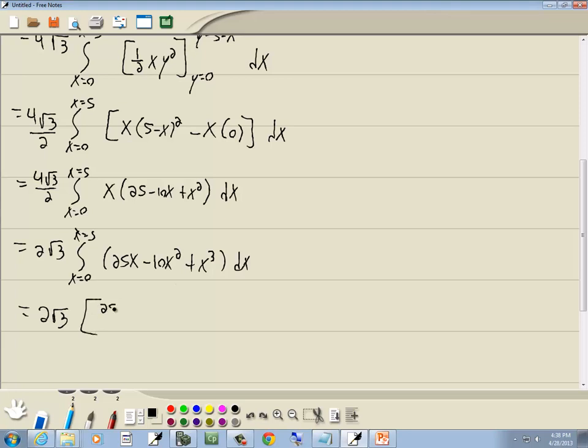And now we're going to take the integral with respect to x. So that becomes 25 halves x squared minus 10 thirds x to the third, and, let's see, plus 1/4 x to the fourth from x is equal to 0 to x is equal to 5.